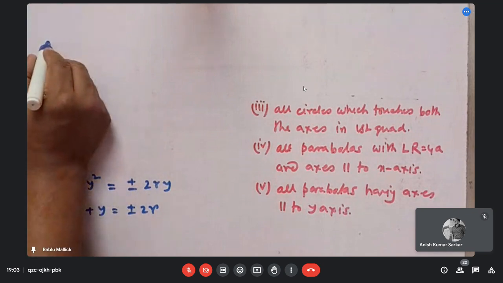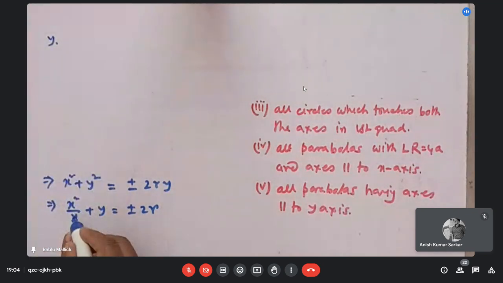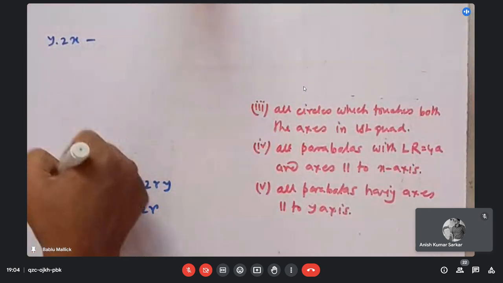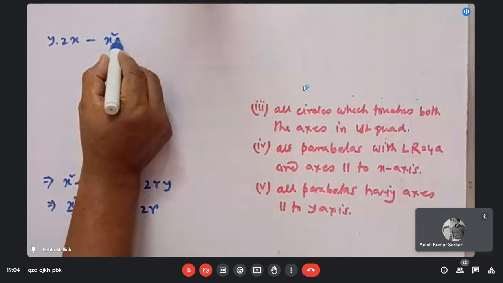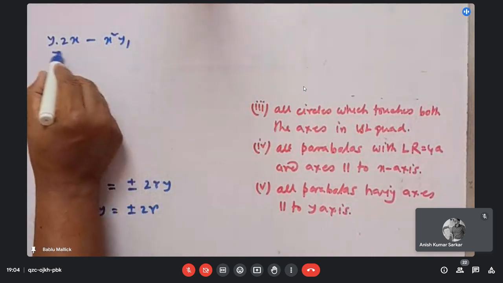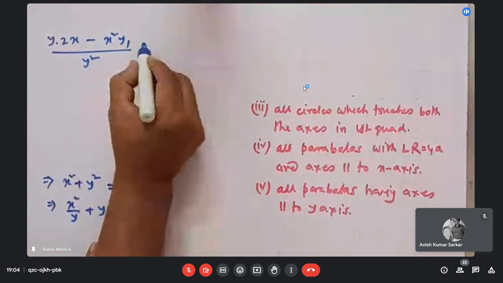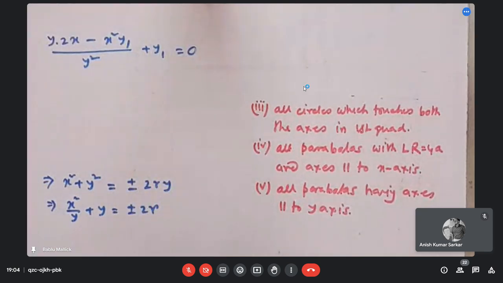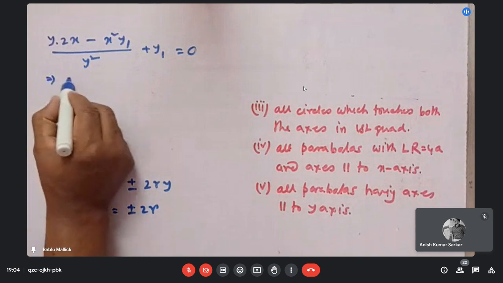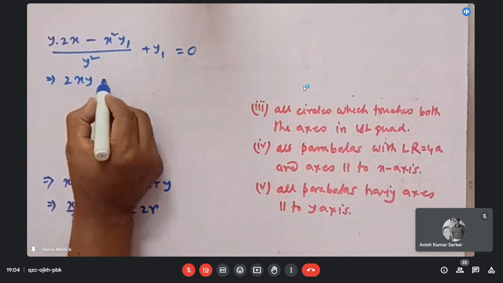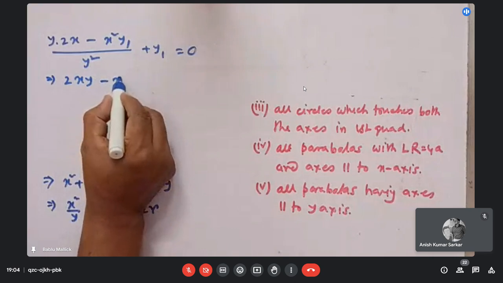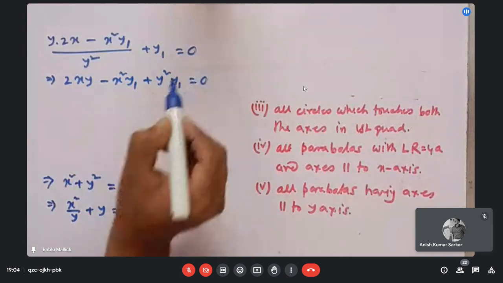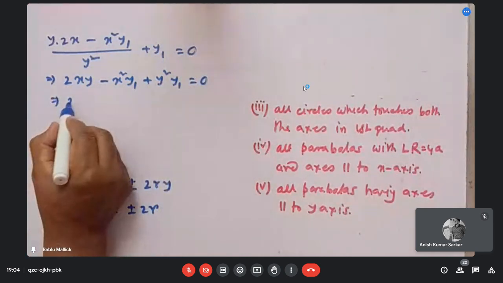This derivative is y into derivative of x square, that is 2x, minus y minus x square into derivative of y, that is y1, divided by y square, plus y1 is equal to 0. So we are getting twice xy minus x square into y1 plus y square into y1 is equal to 0.